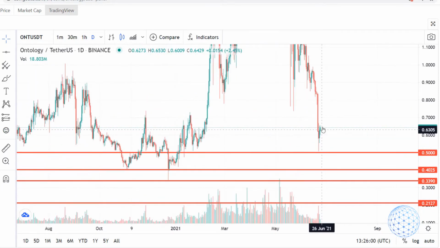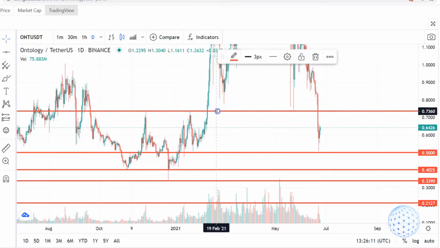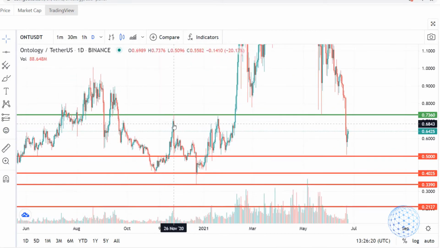Okay, on the other side we have a few resistance levels. So right over here at the level of 0.72 or even a little bit higher, about 0.73, we have resistance levels. So I will put it in green. This is because the price stopped on these levels one time here back in November, another time in January, and you can see that after that we have this line playing the role of a support.